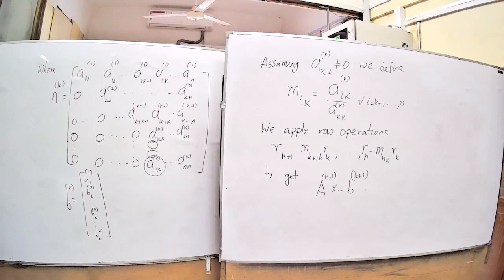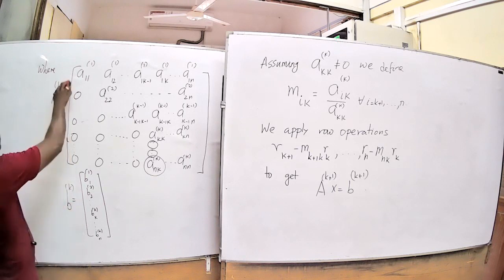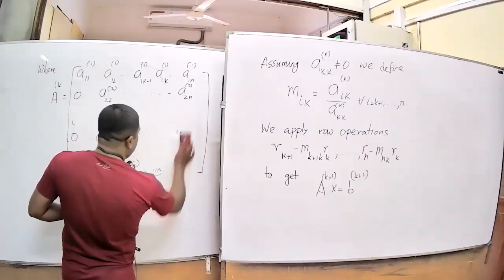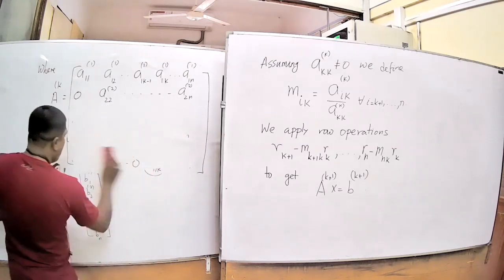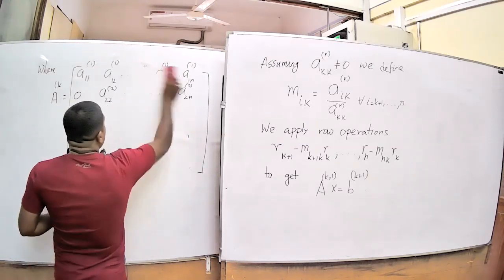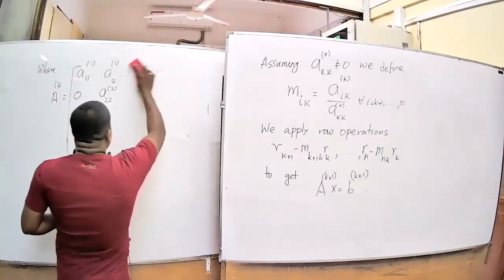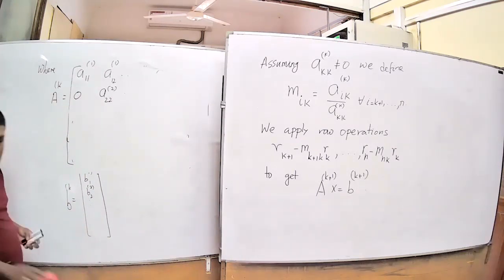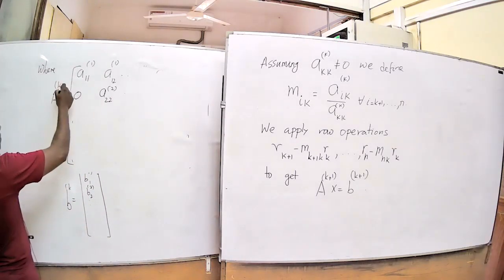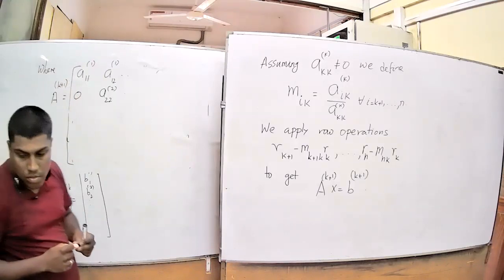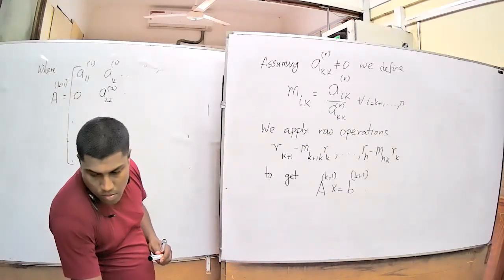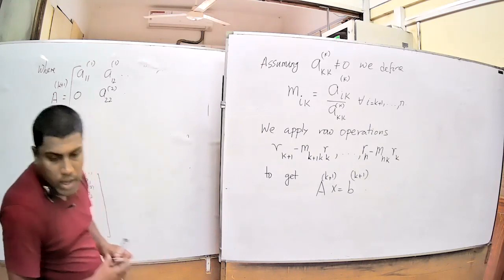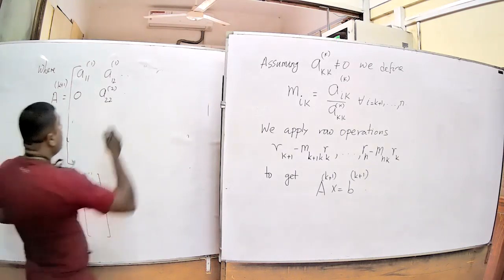If you do that, you get a matrix like this, where now you can see that. Okay, so where we get this.